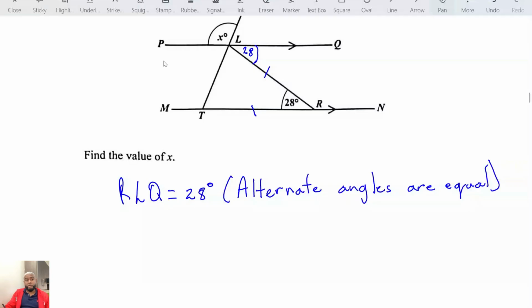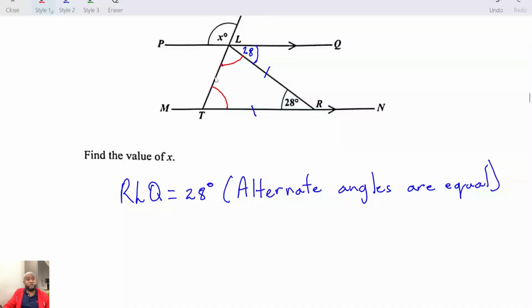Now, if I have an isosceles triangle here, we know this angle on top. How will we find the two base angles, this angle here and this angle here?